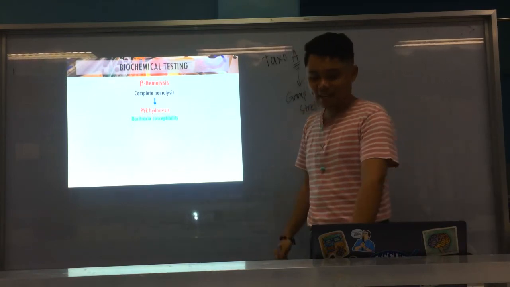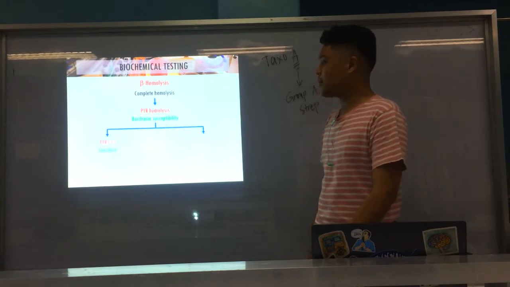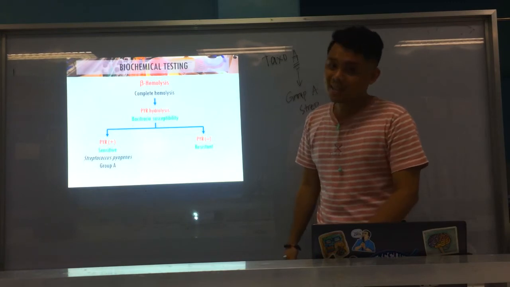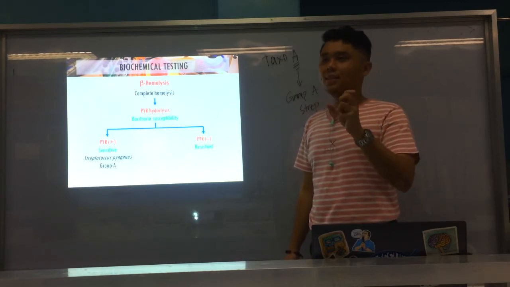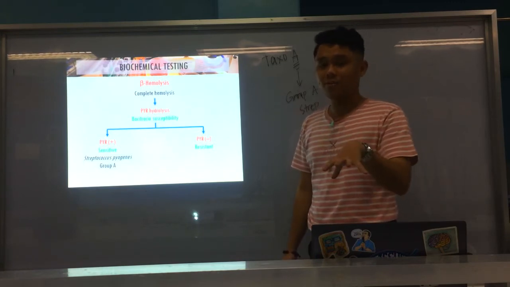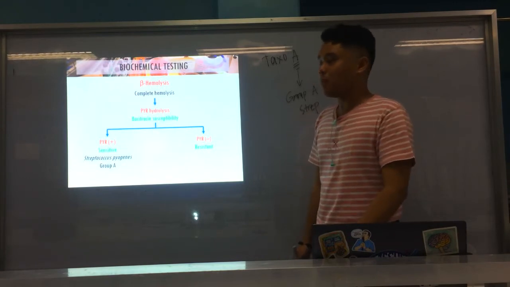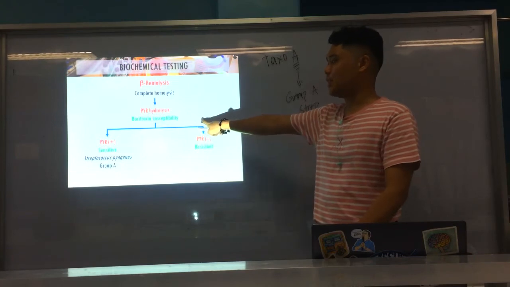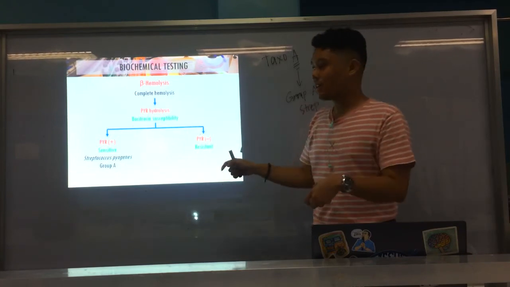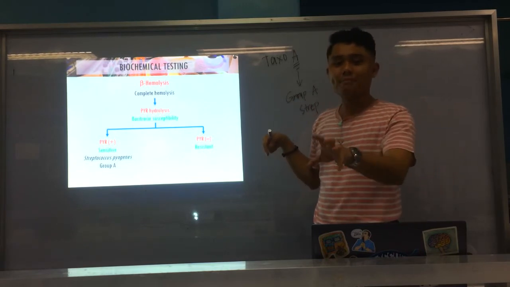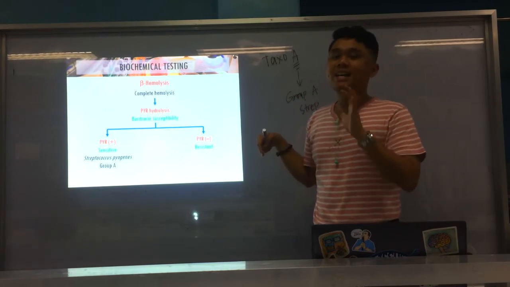Easy, because your group A strep is bacitracin sensitive and PYR positive. So usually, the characteristics of Strep pyogenes are PYR positive, L-pyrrolidonyl aryl amidase test positive, and sensitive to bacitracin. And what is the reaction of Strep pyogenes to bacitracin? It's sensitive.